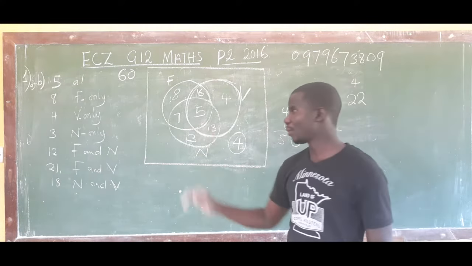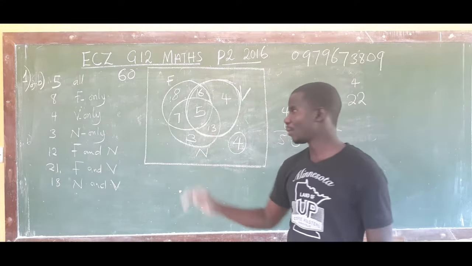So 3 squared is going to give us 9. 9 multiplied by 7, what do we get? 63. Are we together? Then here we have 4 squared. 4 squared is giving us 16. 16 multiplied by 6, we're going to get 96. Okay?